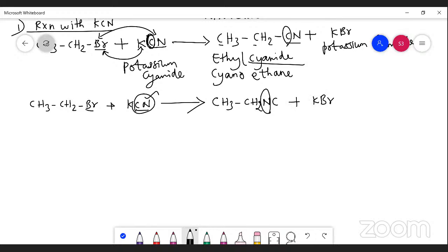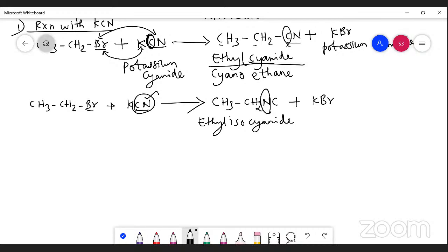Now, with C attached, the name is ethyl cyanide. While with N attached, the name is ethyl isocyanide.